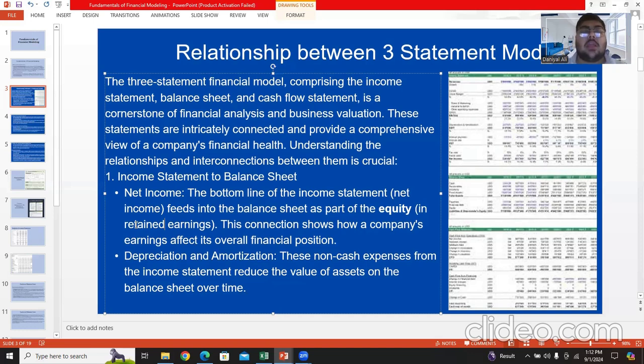If you look toward the second point, your depreciation and amortization. First of all, you depreciate or amortize your intangible assets or your property, plant, equipment, long-term assets. These are part of your income statement, and then they are adjusted with your assets, with your intangible assets, or your balance sheet to locate your market values or book values.